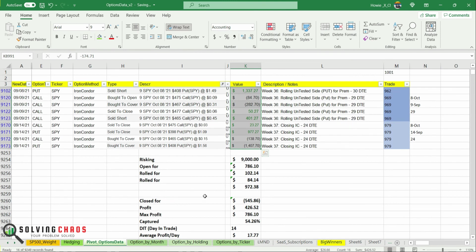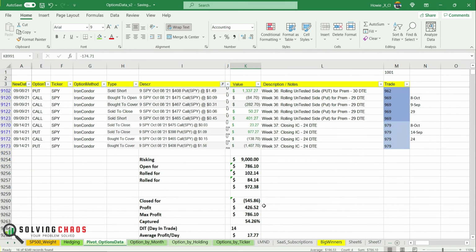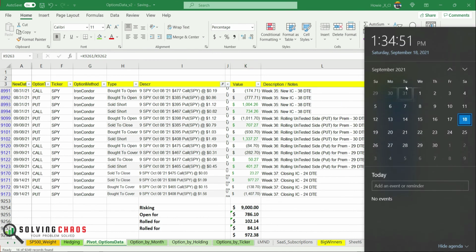Okay, what's most interesting is the max profit is what you see here. If you let this contract expire, this is your max profit. What this is telling you is I captured, in the 14 days that I was in this trade, because if you look at the dates, look at the calendar, I got in the trade over here on Tuesday and I got out of it on this Tuesday.